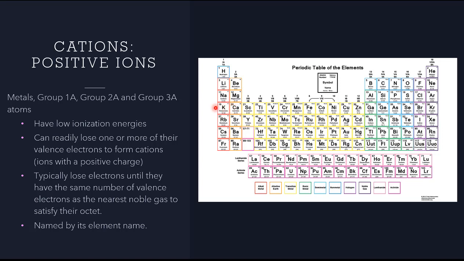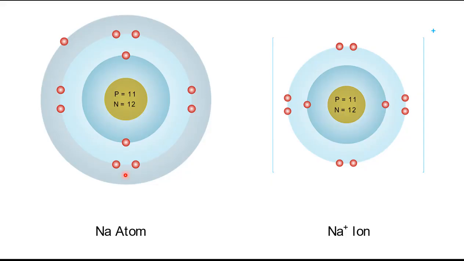So calcium, if it loses 2 electrons to become like its nearest noble gas, then we are going to become a calcium 2+ cation. When we name these ions, if it's the cation, it's named by the element name. So if we have a cation of calcium, it is just named calcium.